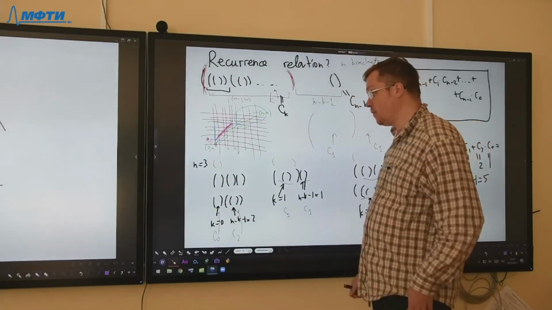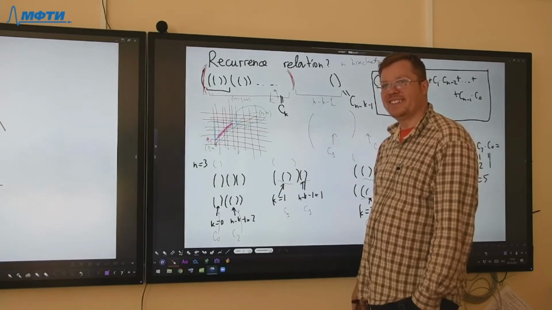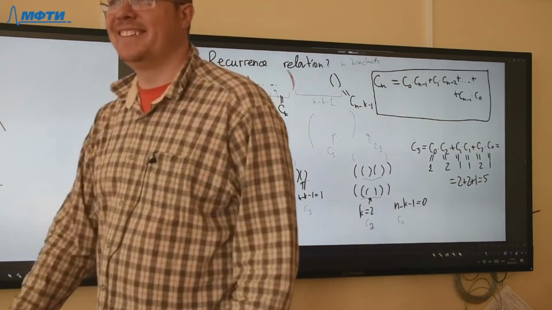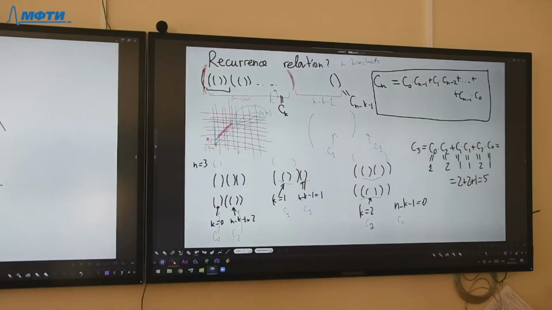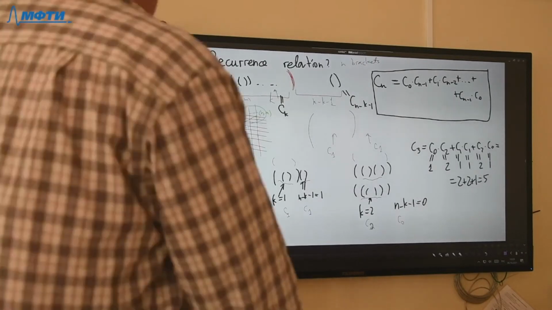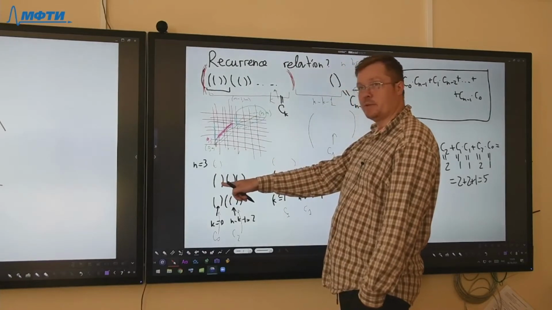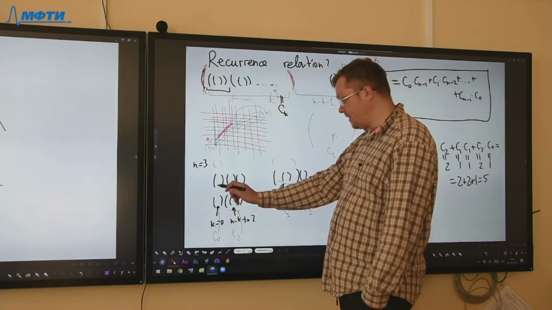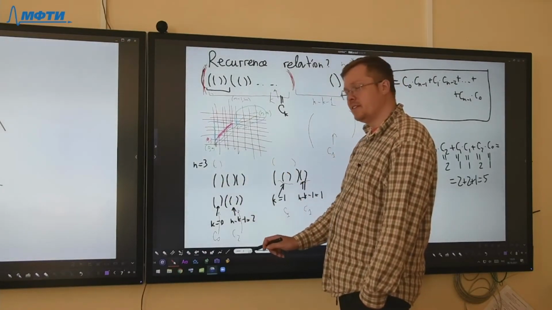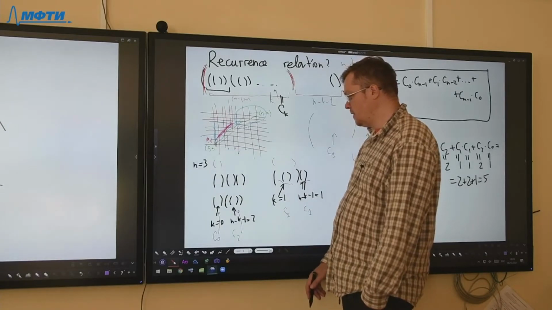In these two cases, k is equal to 0 because inside this bracket there is nothing. So here again, k is 0. There is no correct sequence.